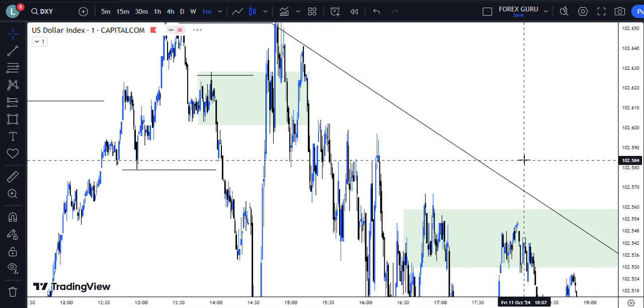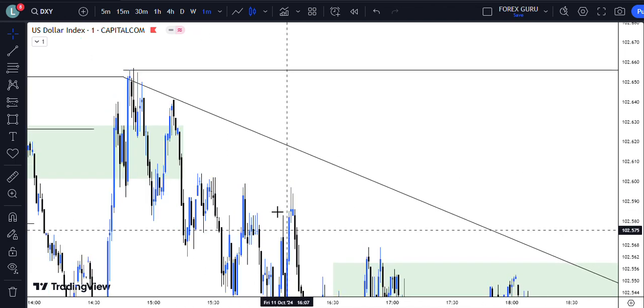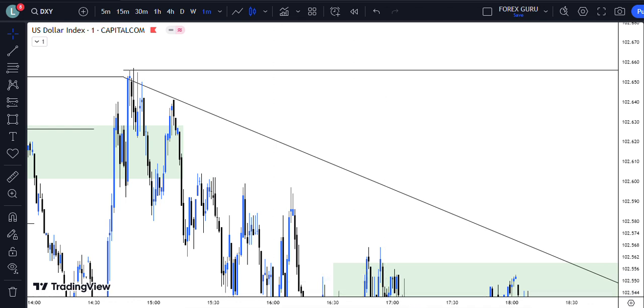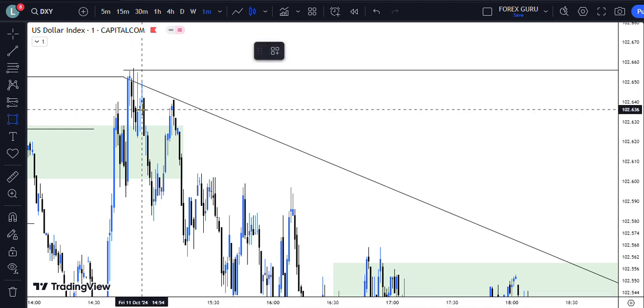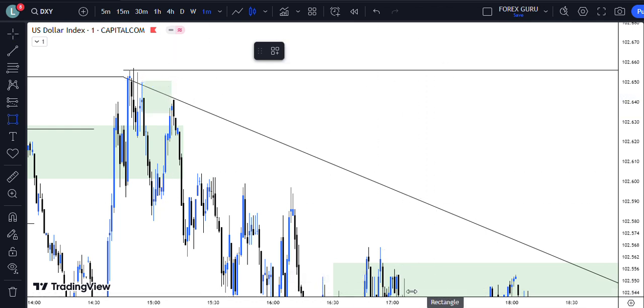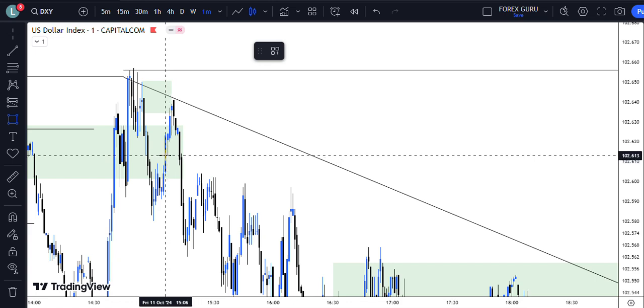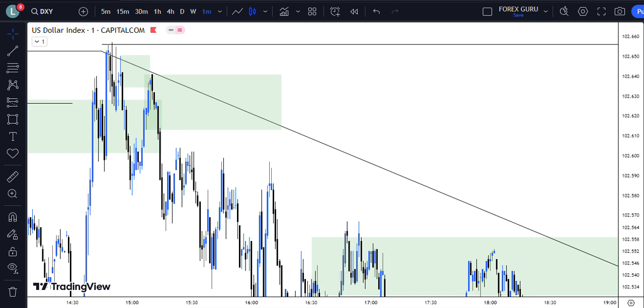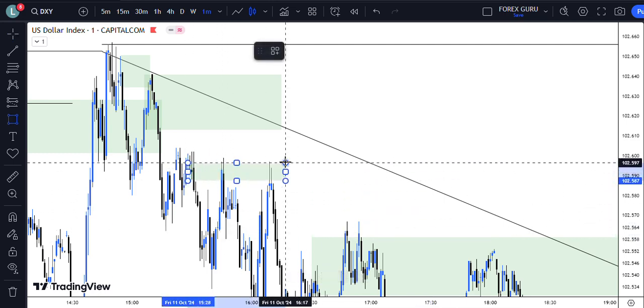Okay, so looking right over here, the price did what here? The price was able to mitigate this supply zone. Okay, and another supply zone. This one's not even mitigated. Okay, here you can see that the price was able to mitigate this one.